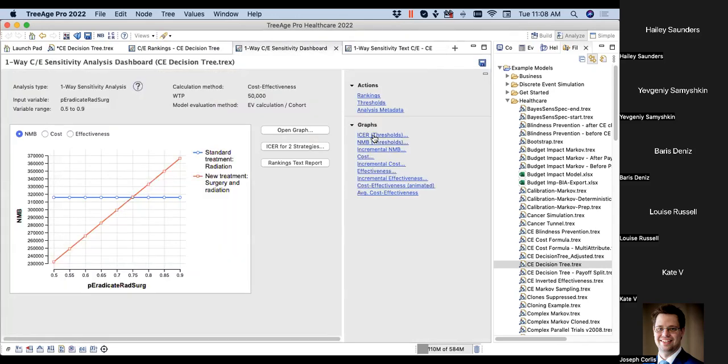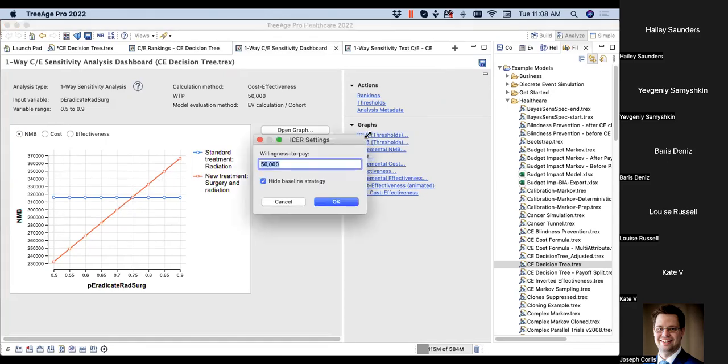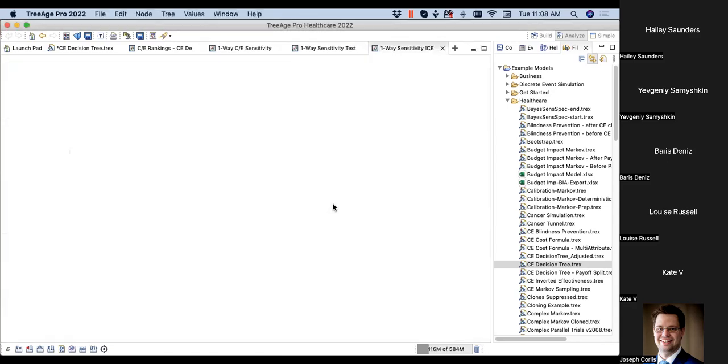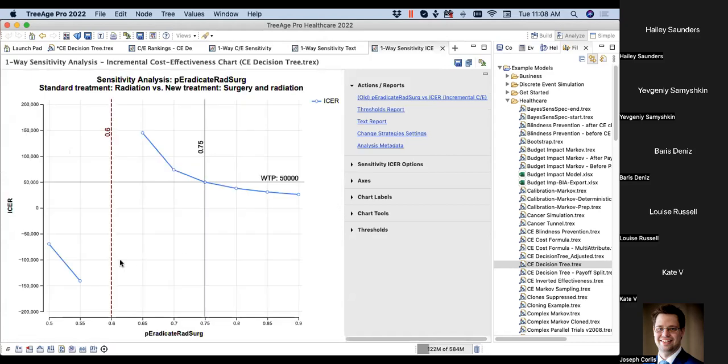And then if you really want to know the exact details of where does it become more cost effective, well, this becomes maybe the graph that you might want to put in your paper. And I know it's a weird looking graph because you have this asymptote where the incremental effectiveness is 0.